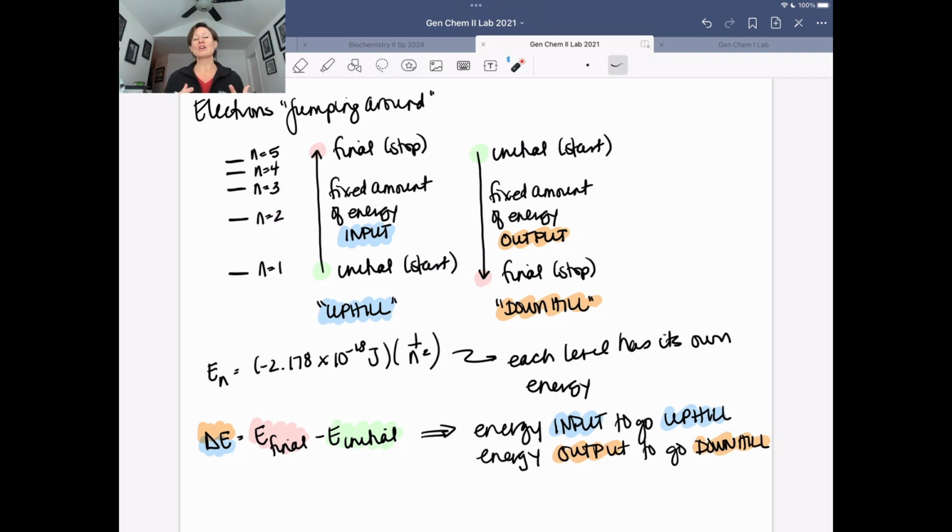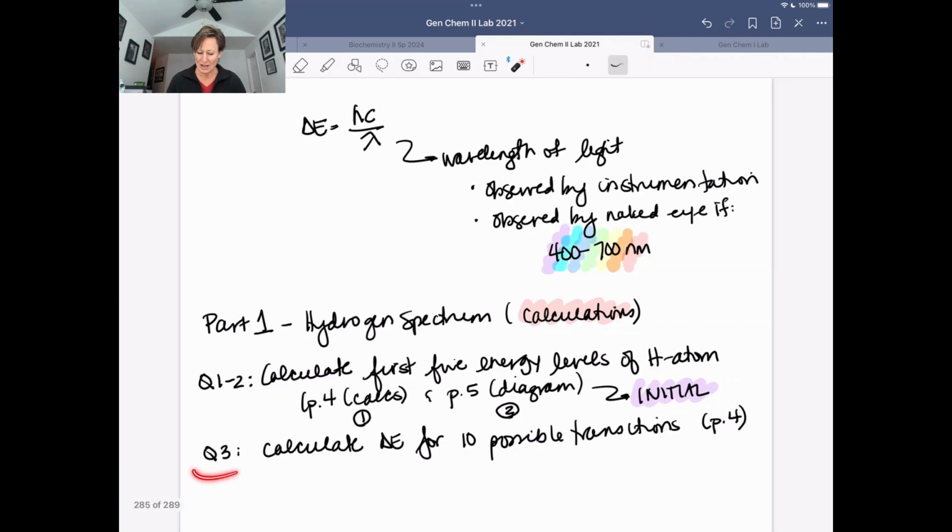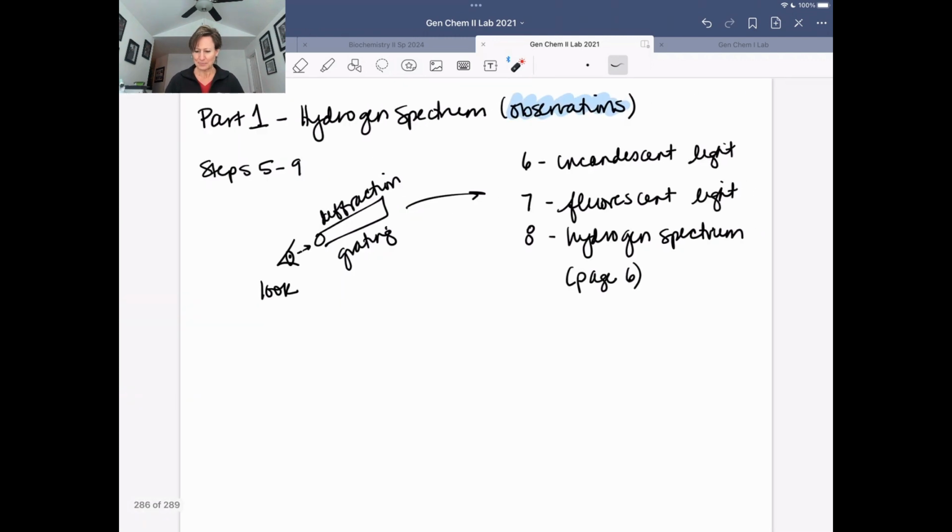So think about a systematic way of identifying all 10 of the possible jump transitions that we could have. And once we know the energy levels of these 5 steps, taking the difference of them, right? The difference of them will give us the energy levels between those steps. Okay, so that's this third question. So lots of calculations kind of doing this initial part here in part A of this hydrogen spectrum piece.